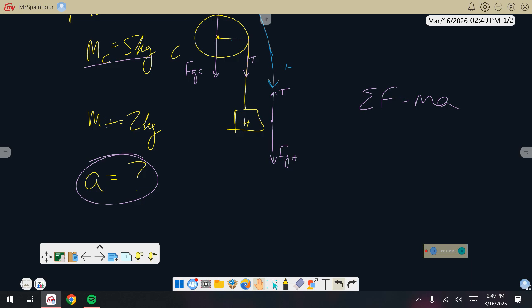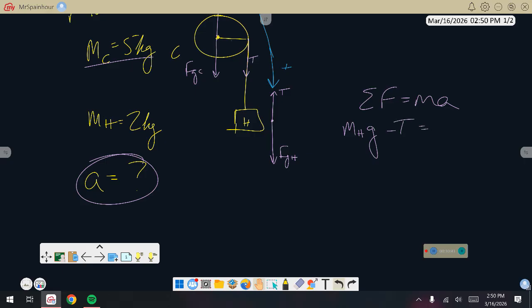Don't forget, just a minute ago, we changed the direction of positive. What are the sum of forces in this equation? Correct. And if you remember force gravity, you are always welcome now to just go mg. Since that's the case for us here, I'm just going to call this m_h g, force of gravity on the hanging mass, minus tension.